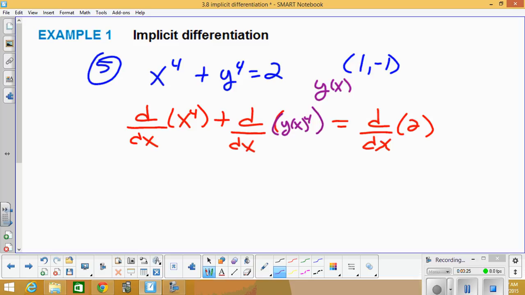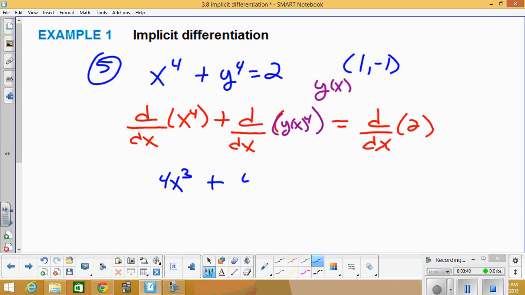So the book says, okay, let's walk through this. And they take the derivative of x to the fourth with respect to x. Good, boom, we're done. But then the next term becomes the tricky one.